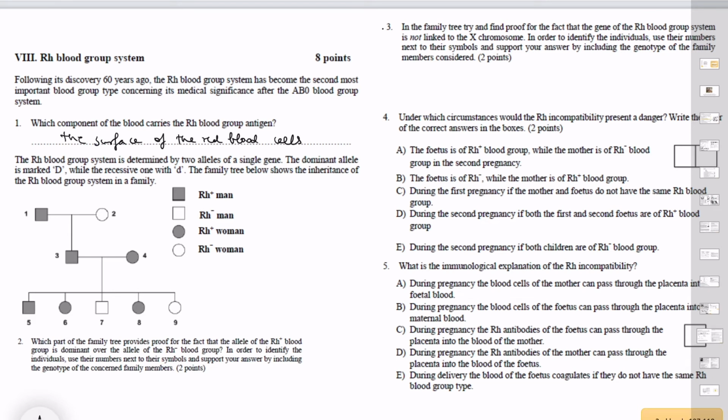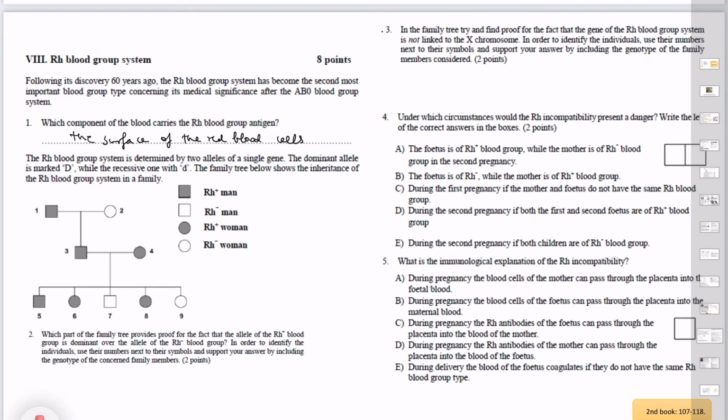All right, which part of the family tree provides proof for the fact that the allele of the Rh positive blood group is dominant over the allele of Rh negative blood group? In order to identify the individuals, use their numbers next to their symbols and support your answer by including the genotype of the concerned family members. So in order to answer this question, you have to look at parents 3 and 4 and their offsprings in the pedigree chart.